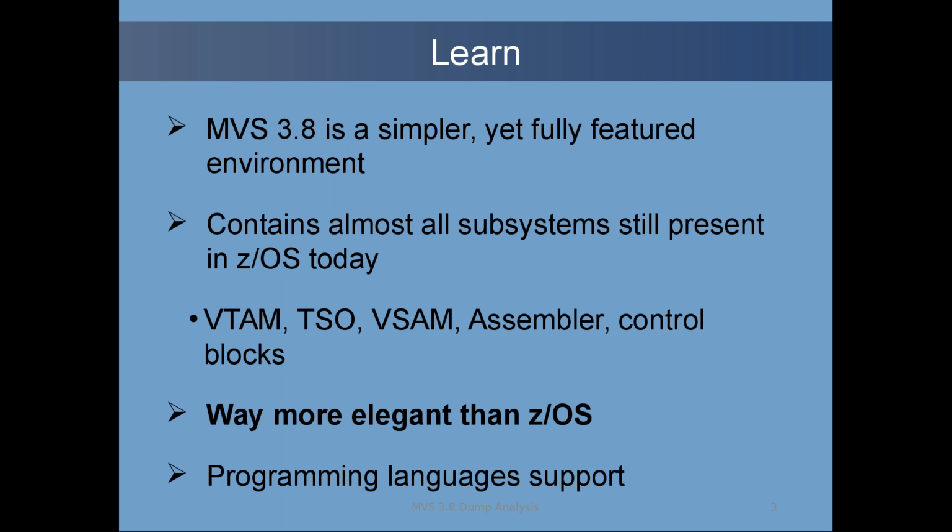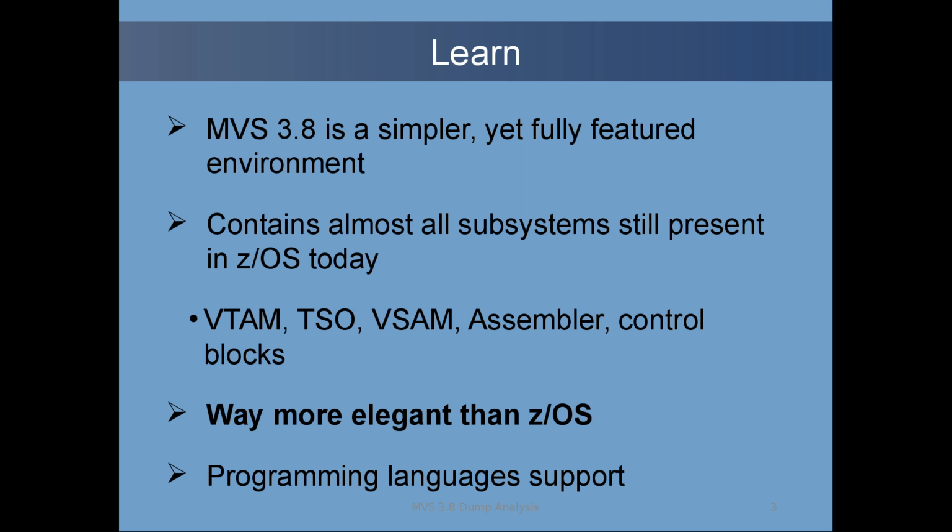Now, when we come to learning, MVS 3.8 is a much simpler environment, but you still have all the basic structure of z/OS when it comes to the nucleus, how address space is organized, paging, demand paging, swapping, disk access, TSO, all that is already in MVS 3.8.